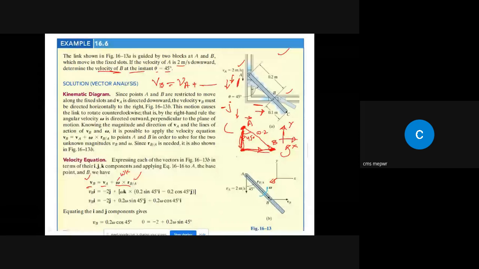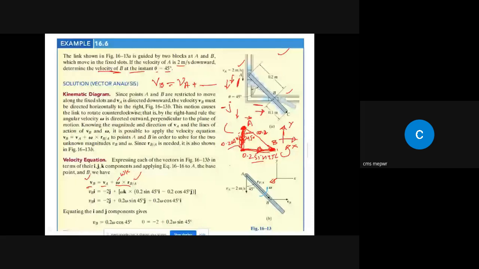So how can we find this distance and the other one? It's very simple. This is 0.2 and this is 45. If this is 45, this means this is also 45. So this one is 0.2 cos 45 and this is 0.2 sin 45. We have this x component and y component, one along I and one along J. If you are moving from point A to point B, the value along the x-axis should be positive and the value along the y-axis should be negative.